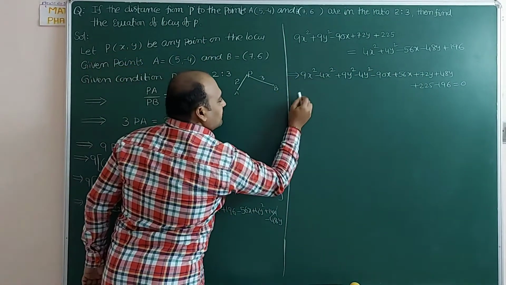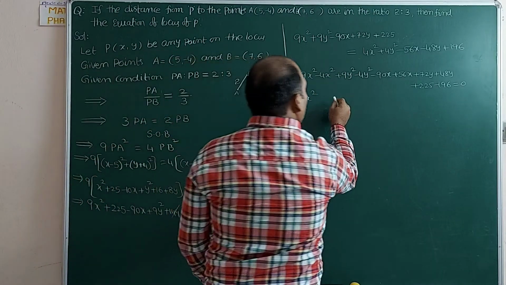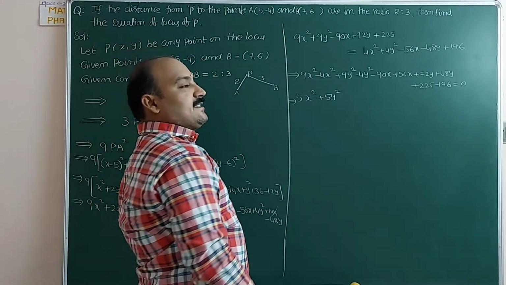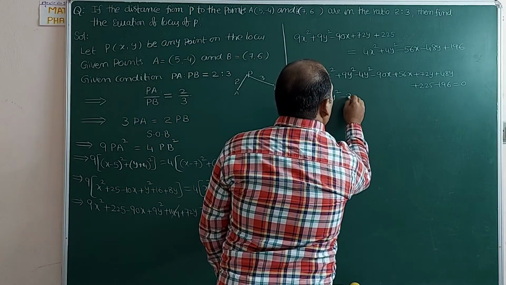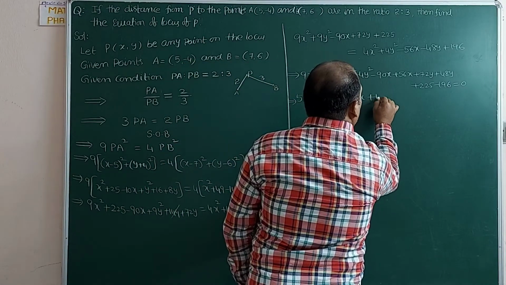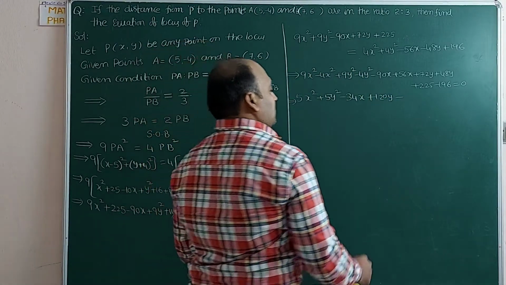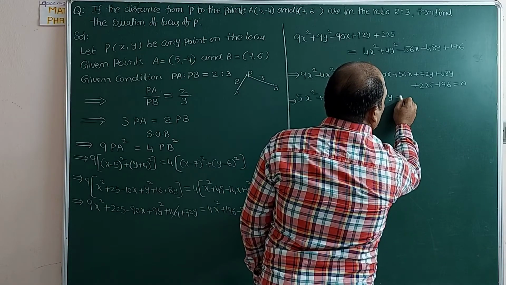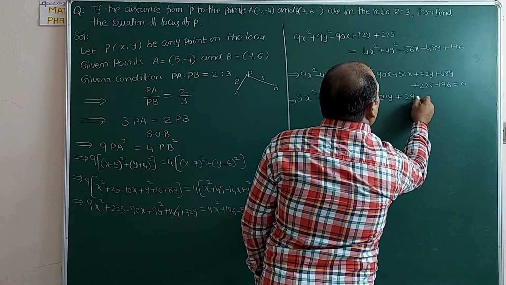So 9x² − 4x² is 5x², 9y² − 4y² is 5y². −90x + 56x will be −34x. 72 + 48 is 120y. 225 − 196 is plus 29.